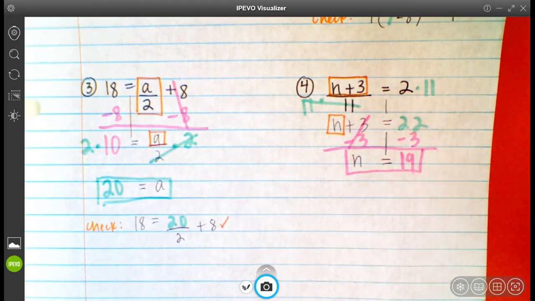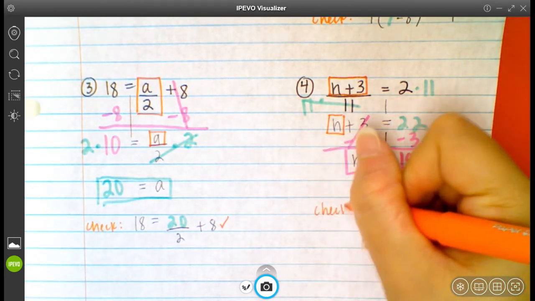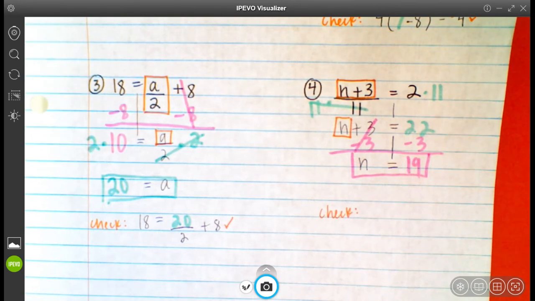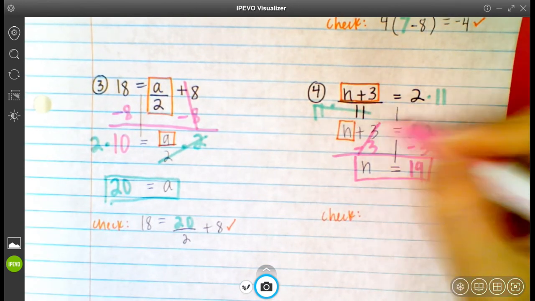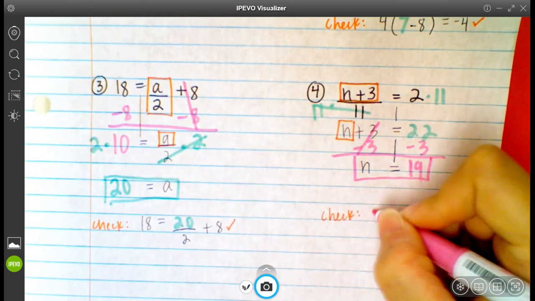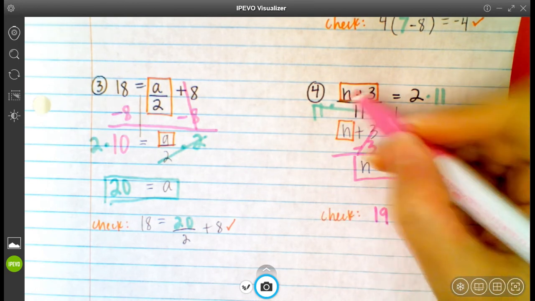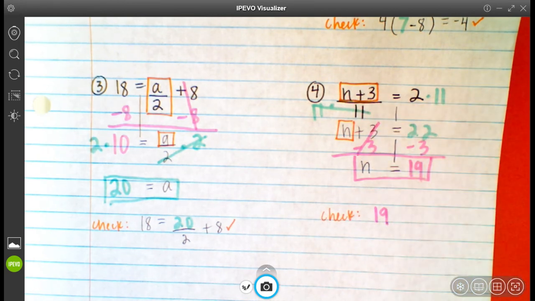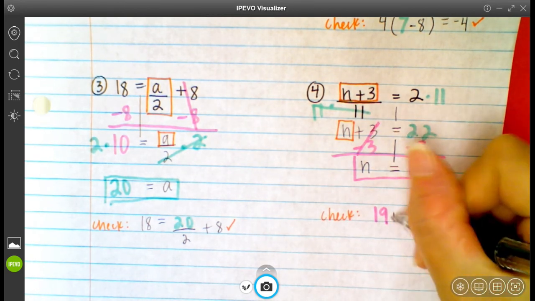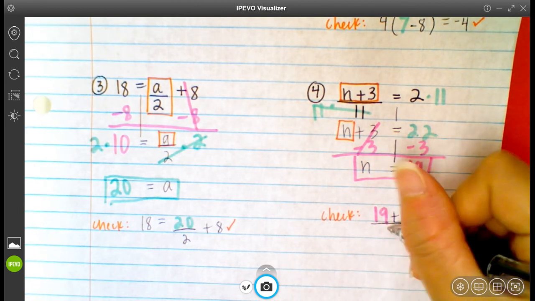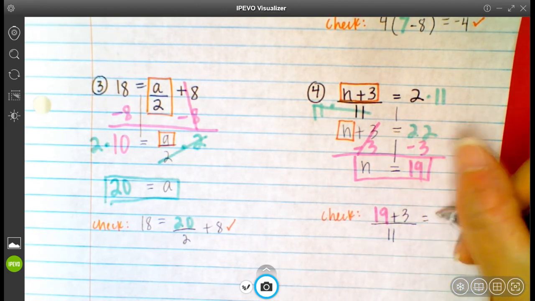And last but not least, guys, let's check it up. So let's do a quick check. In our check, use the original equation. So we're going to use the 19 in place of n, and check those operators. If I add 3 and divide by 11, would that equal 2 is the question.